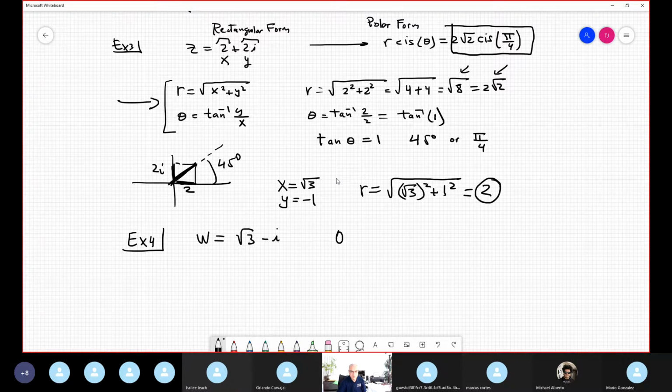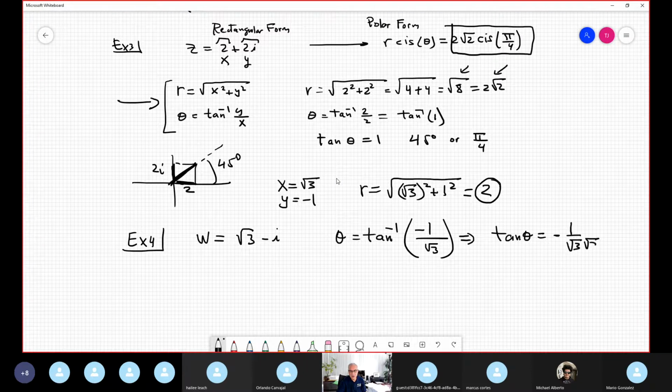And theta is tangent inverse of y, which is negative 1, divided by radical 3. I did this before. To see more clearly, tangent theta is equal to minus 1 over radical 3.